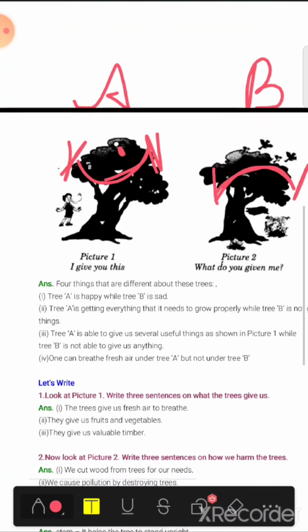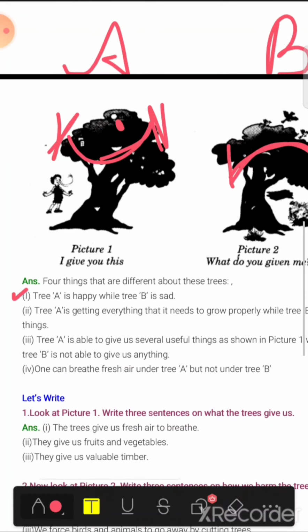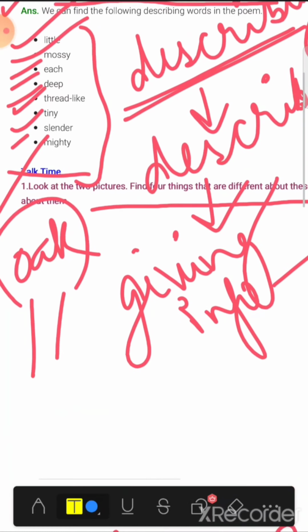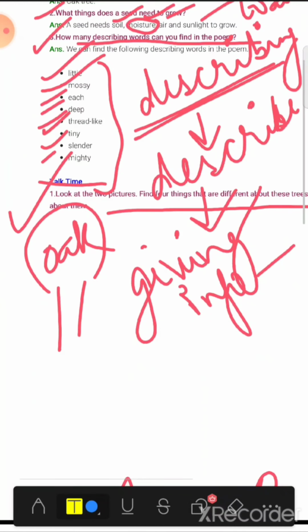So let's see. Tree A is happy, and we have to write differences about these 2 trees. Tree A is happy and tree B is sad. Tree A is getting everything. What are the things which tree A is getting?